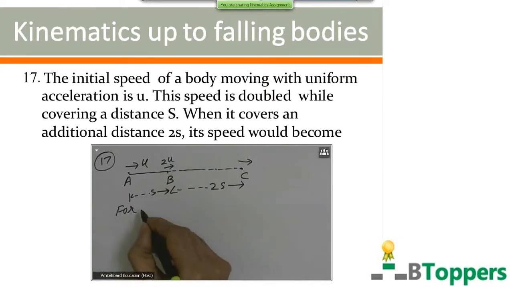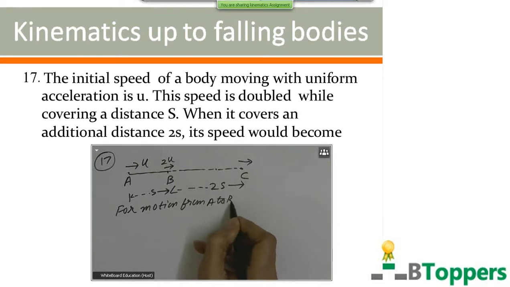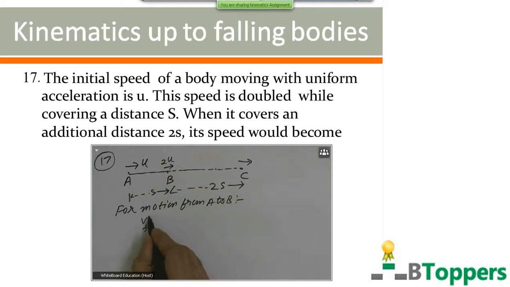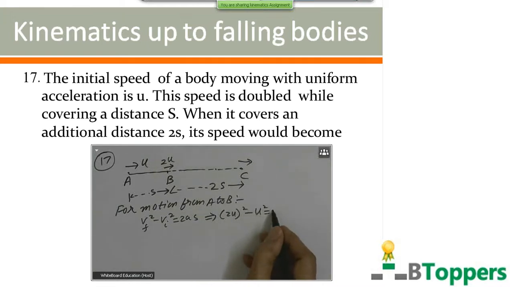We use this equation for motion from A to B: vf square minus vi square equal to 2as. Here vf means final velocity at B, vi means initial velocity at A, and s is the displacement. Here final velocity at B is 2u, initial velocity at A is u, displacement equal to s.